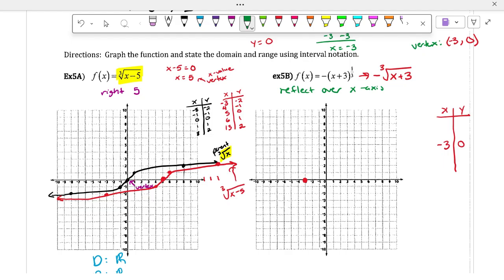So this one starts low, gets high. This graph would start high, get low. What's the other transformation? Left 3. So that should give us an idea of what our graph is going to look like.